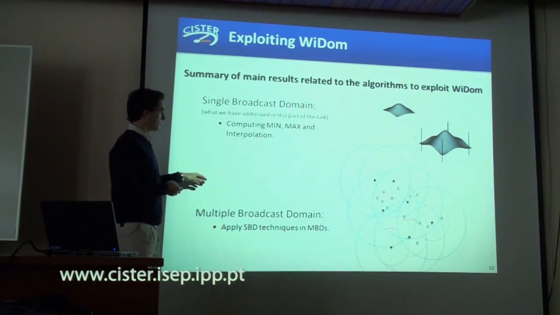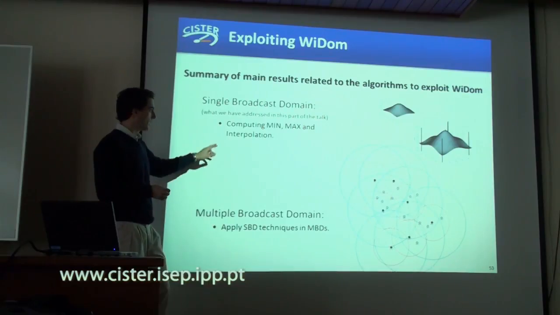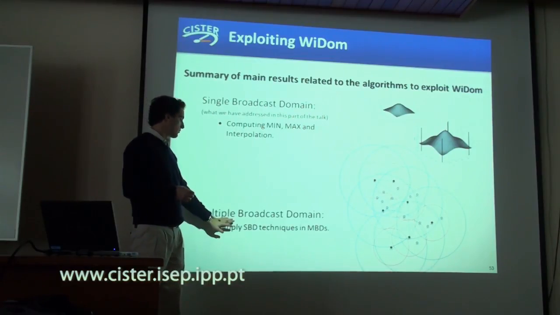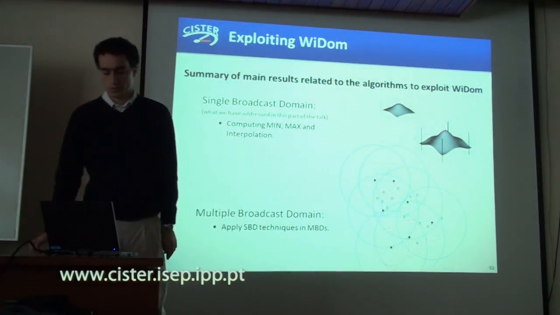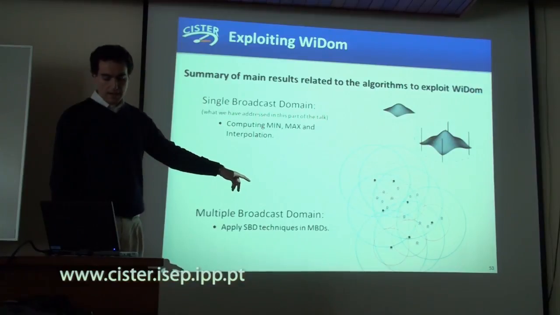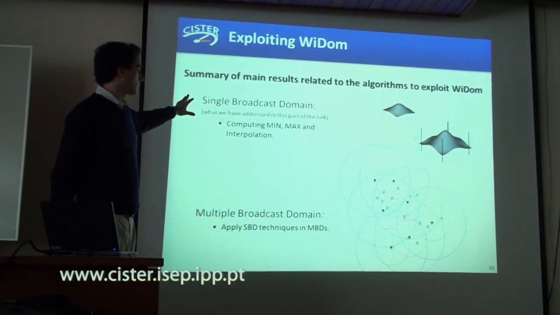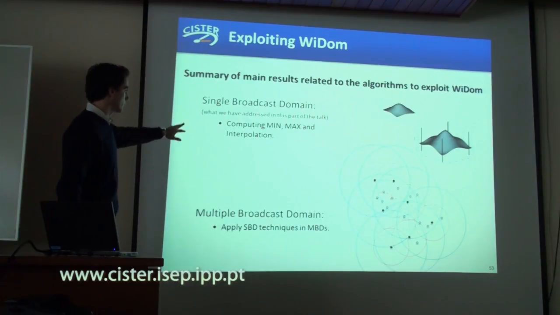And we also thought about, and have some results about, how we can use this in an environment with multiple broadcast domains, okay? Because in general we would like to do it. I have a slide to talk briefly about more results on this.